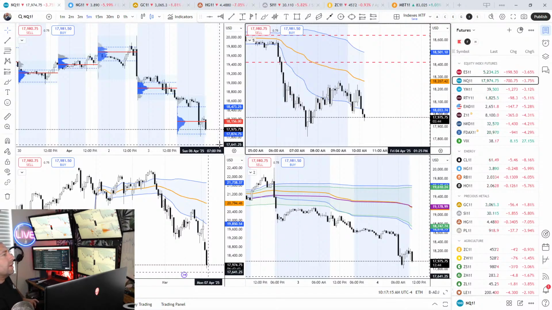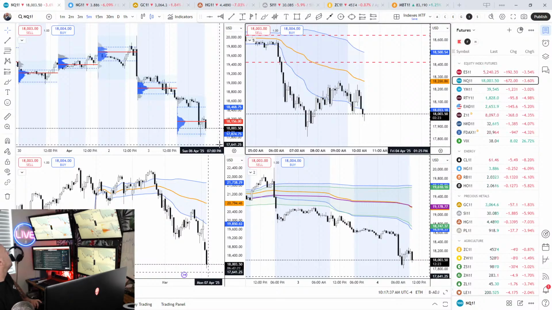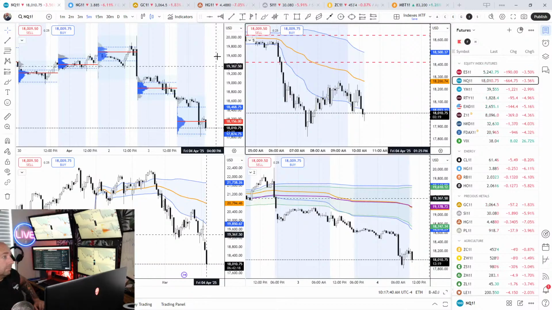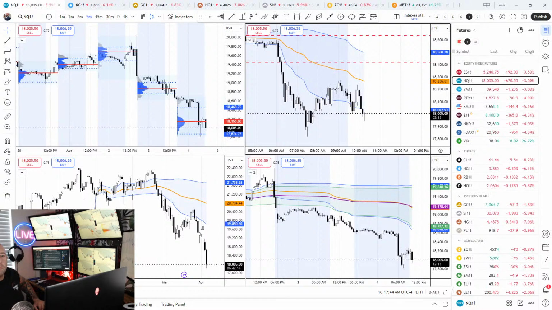See if we get this return to value trade on NQ. The bottom of a pretty big distribution here. We hold 18,000.